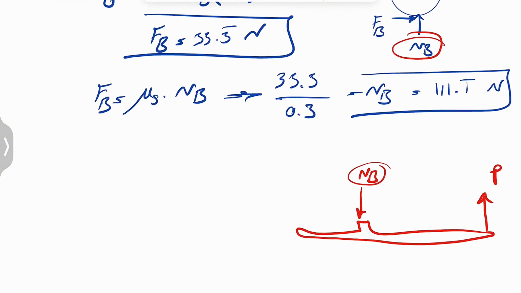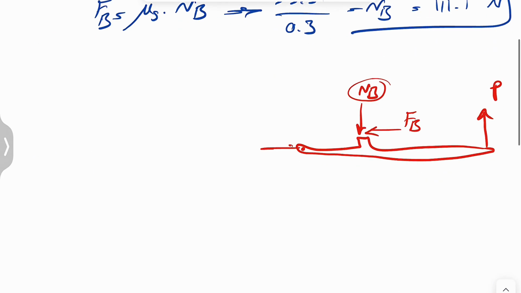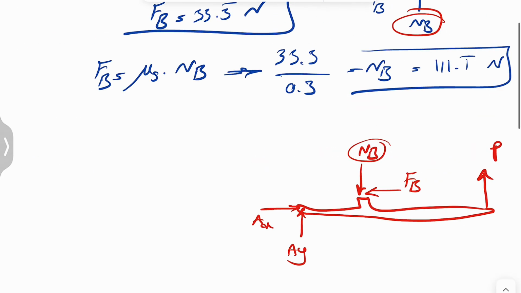So FB also is going to be in this direction, same value, just the opposite direction. And we have another pin at A, so we show Ax, Ay. There's no information about the weight of the brake or the wheel, so we're going to assume they are negligible.